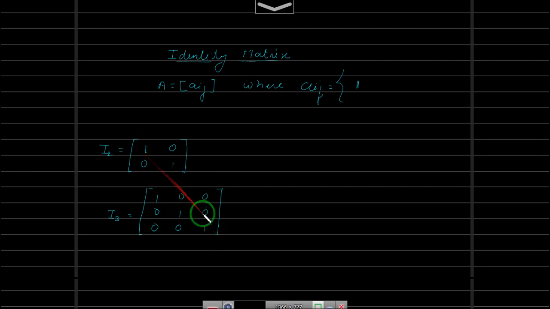So when i equals j, we will get 1, and this will be 0 otherwise, meaning i not equal to j. All those entries above this diagonal and below this diagonal have i not equal to j. In that case, all are 0. And now we need to write a Python program which will generate this identity matrix.